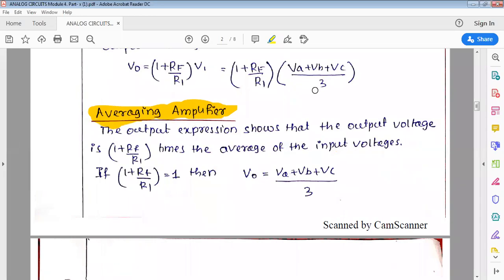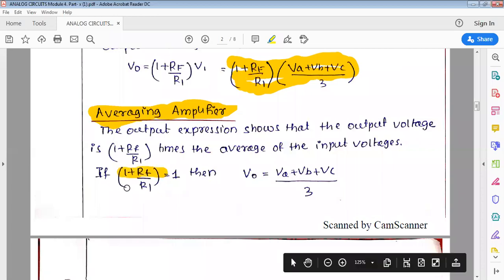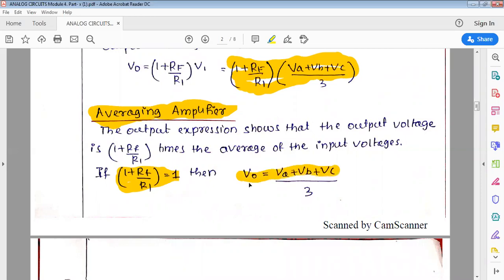Now consider this expression. In this expression, if I make 1 plus RF by R1, that is this gain part, as 1, then my final output is V0 equal to VA plus VB plus VC divided by 3. That is what I have written here: output voltage V0 equal to VA plus VB plus VC divided by 3.